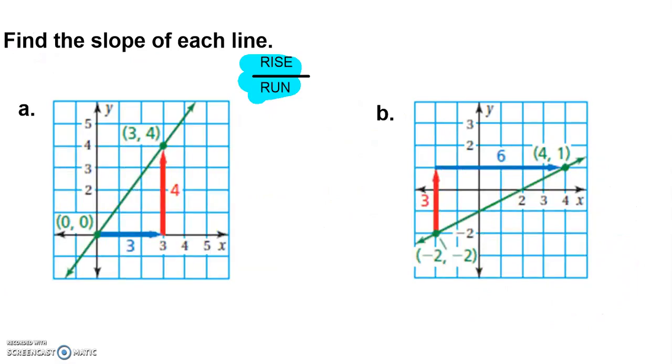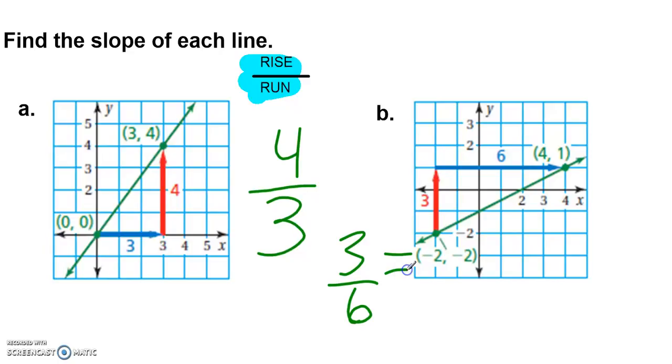Okay, so find the slope of each line. So we're rising up 4 and we're running over 3. So that is going to be rise over run, which is 4/3 for that first one. Okay? And then here we are rising up 3 and over 6. So 3/6, or we can simplify that down to 1/2.